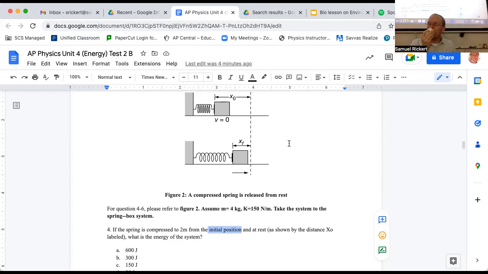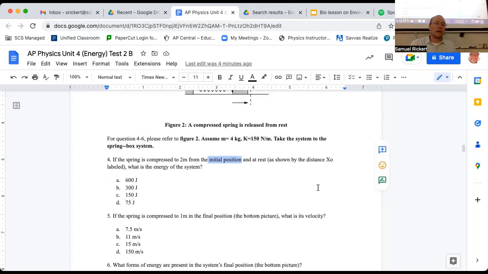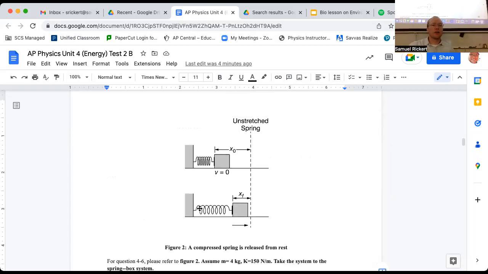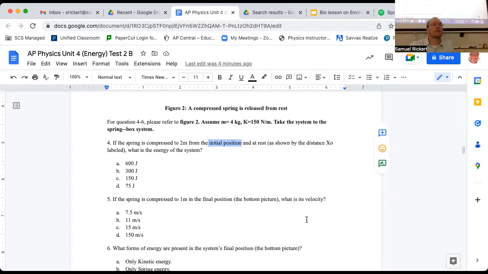That kind of leads us to number 5. Here we are now compressed to 1 meter. So it's the second picture, and we're already moving. And we want to know what's its velocity. So basically, how much spring energy does it have now? And the change of that is the velocity. So velocity is kind of responding to all the other forms of energy.